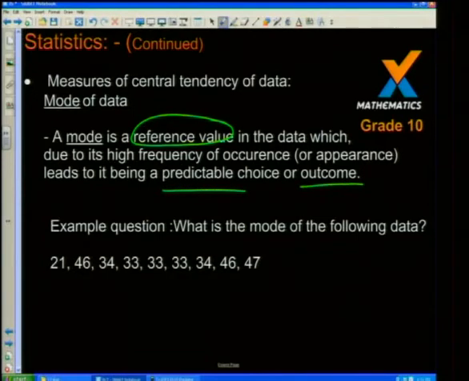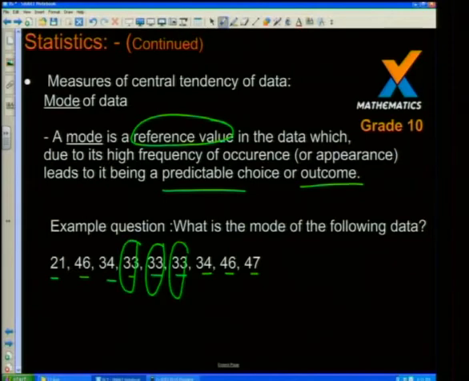And I have picked a few data points there. These measurements: 21, 46, 34, 33, 33. You will notice that 33 is appearing most of the time in this information. 33 here, 33, there it is again.